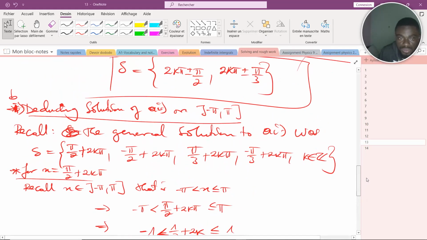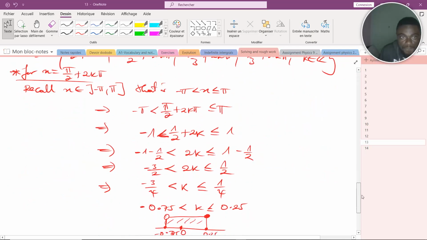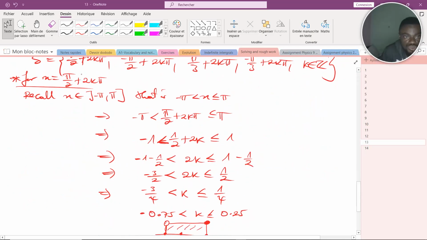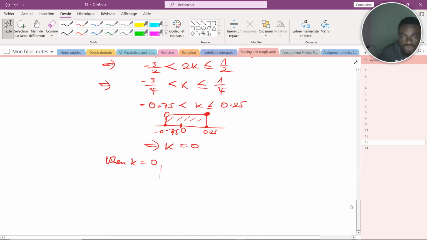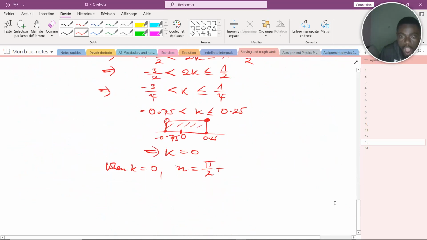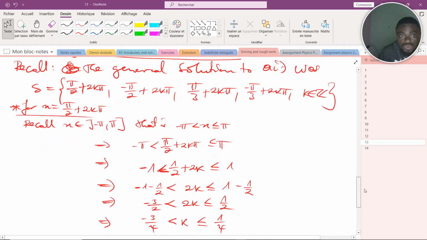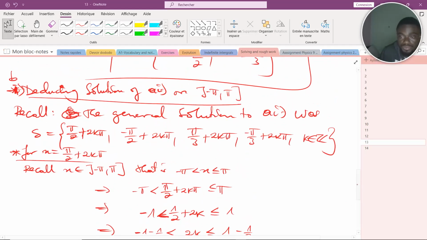When k equals 0, this is where we are supposed to substitute it. When k equals 0, x equals pi on 2 plus 2 into 0 pi. We're substituting here.